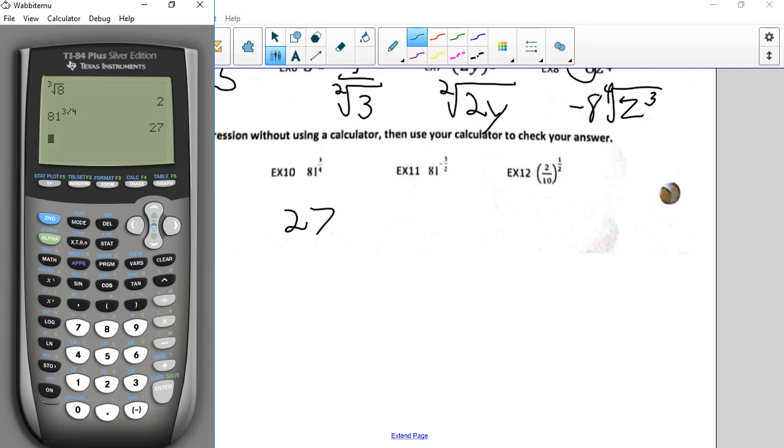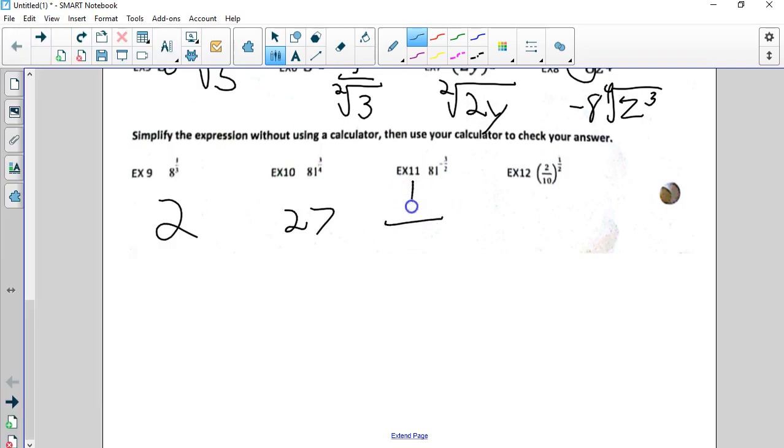27. Now, 81 to the negative 3/2. That just means whatever my answer is going to go on the bottom in the denominator. So, again, let's think about what we're going to do here. If I think about what is the 1/2 of 81, that's 9.